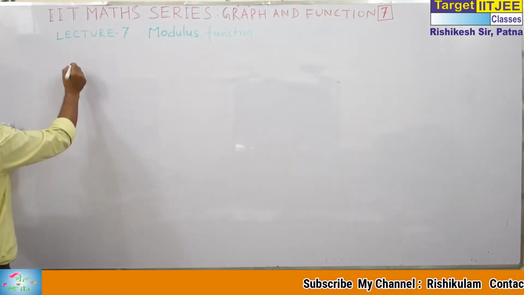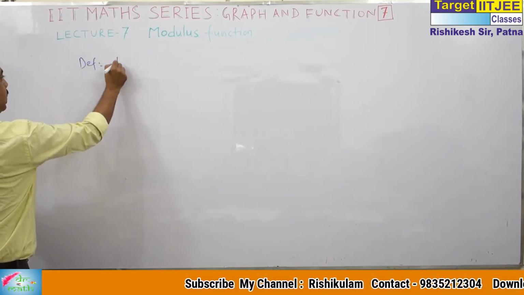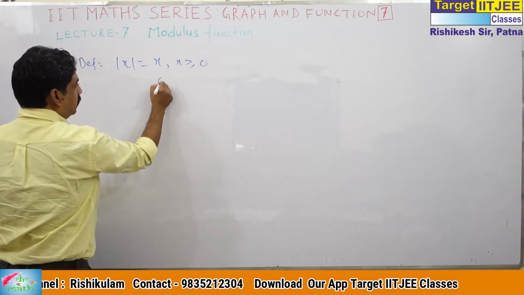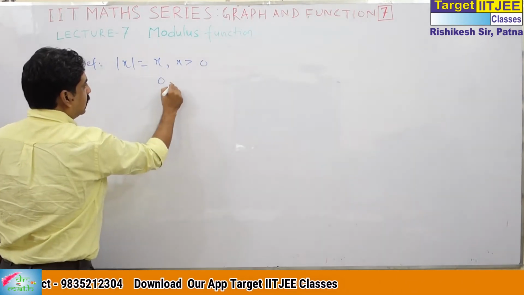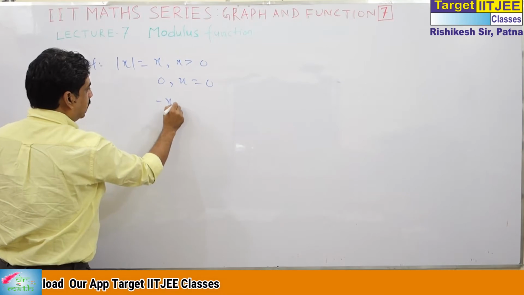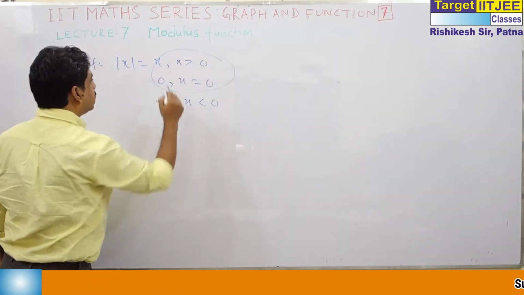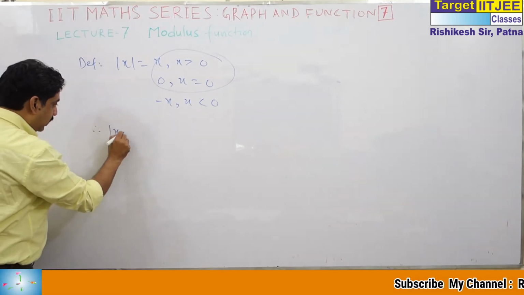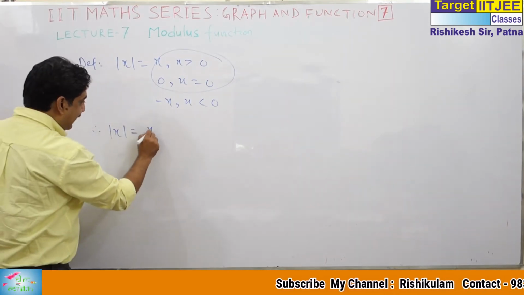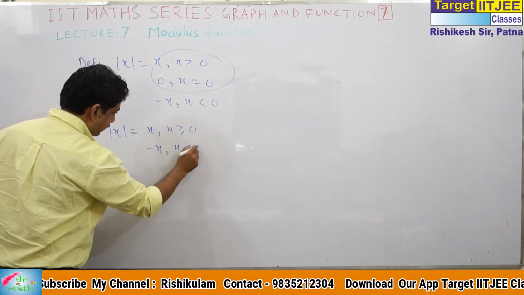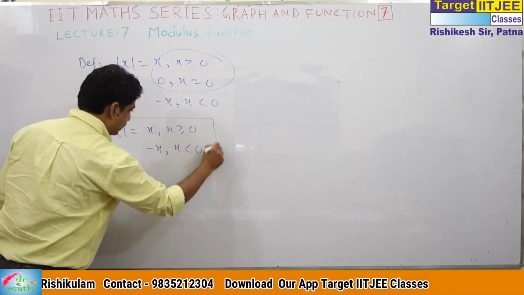What is the definition? Actually, mod x is x when x is greater than or equal to 0, 0 when x is equal to 0, and minus x when x is less than 0. Normally we combine these two cases to write the definition like this.